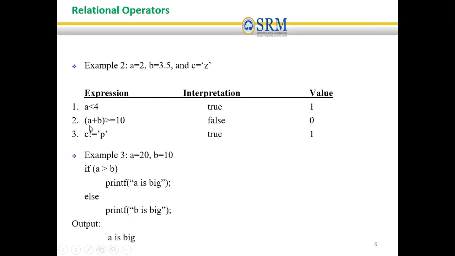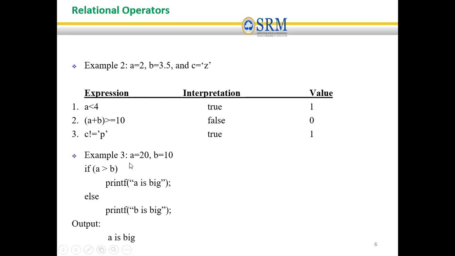And in the second expression, a plus b is greater than or equal to 10. a is 2, b is 3.5, so 5.5 greater than or equal to 10 is false. Then in the third expression, c is not equal to 'p' is true, because c is 'z', which is not equal to 'p'.